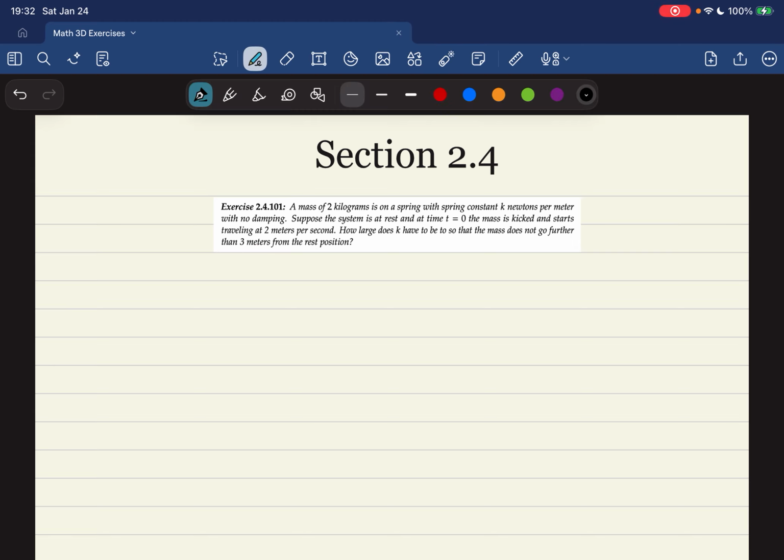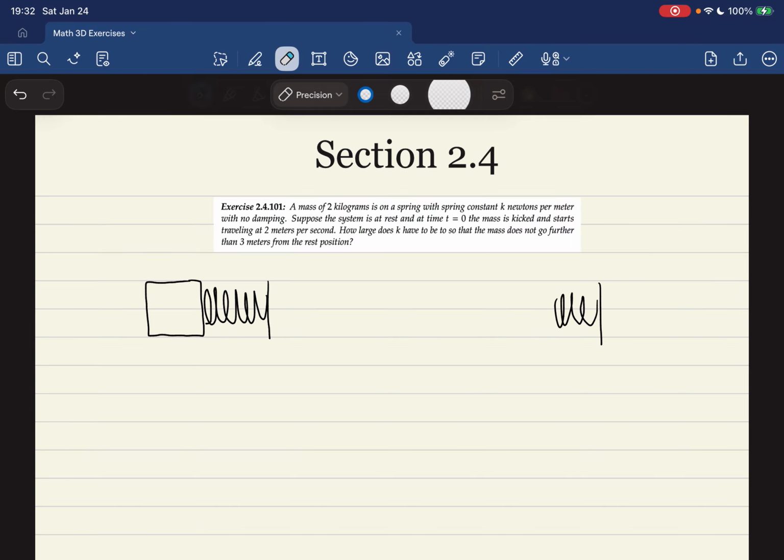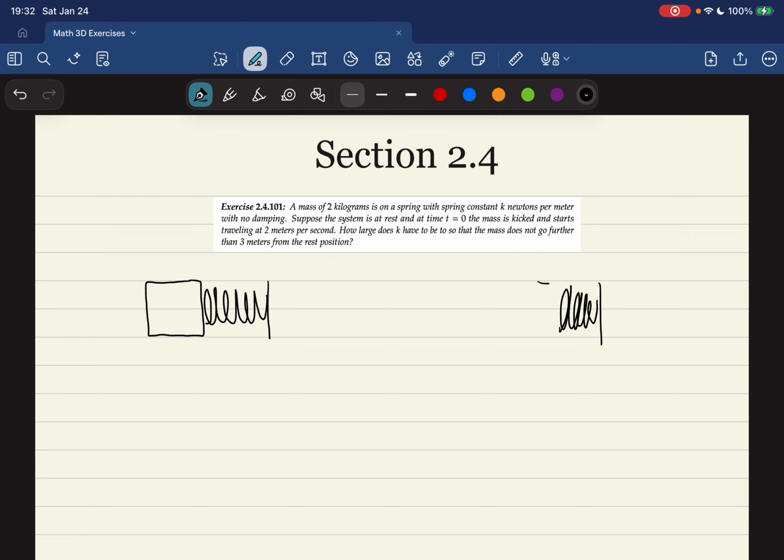Now, for these kinds of problems, it's always very helpful to draw a diagram of what's going on. So let me draw our block with the spring, and then I'm going to draw another block over here corresponding to when the block has been kicked. So let me tighten up the spring, and then here is my block.